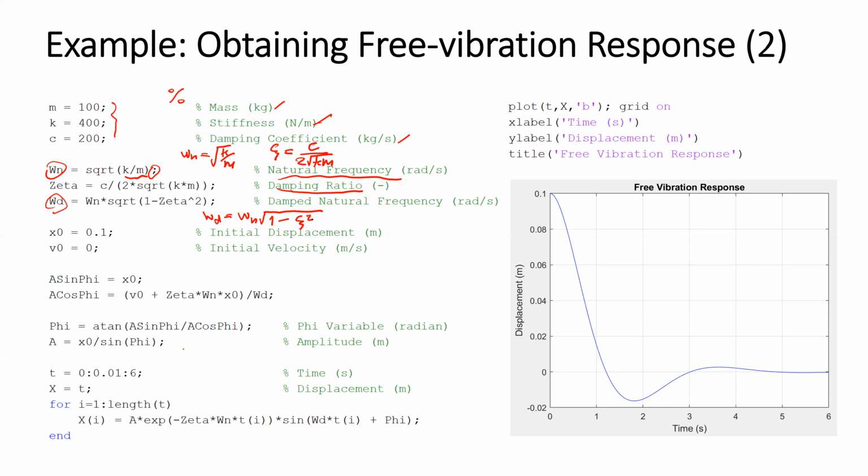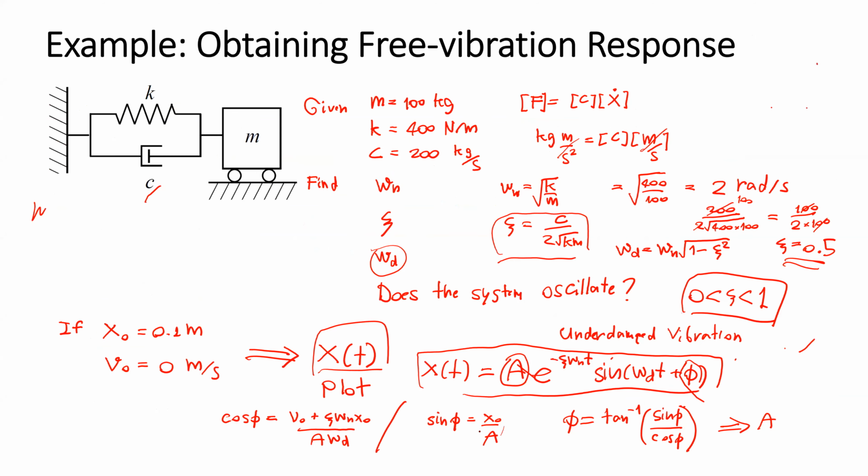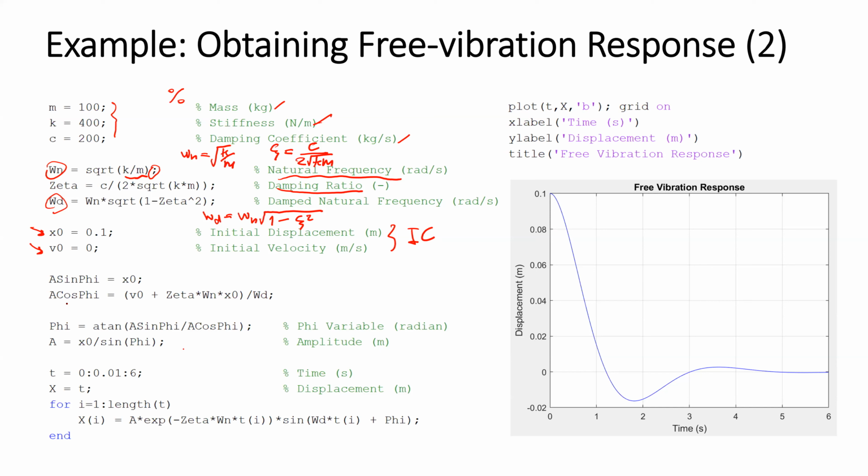And the initial conditions, we have the initial position and initial velocity. And if you remember here, this one and this one, I wrote the program to compute A sin phi.